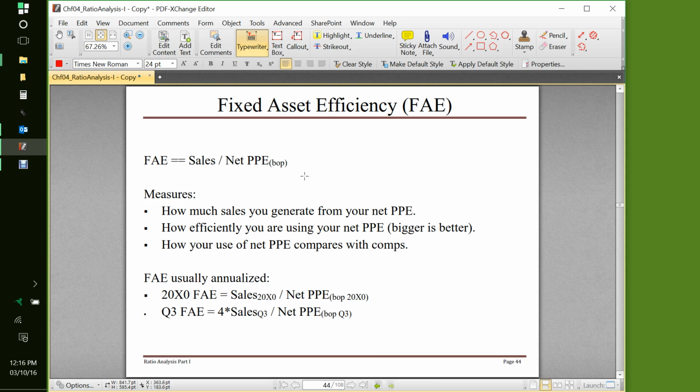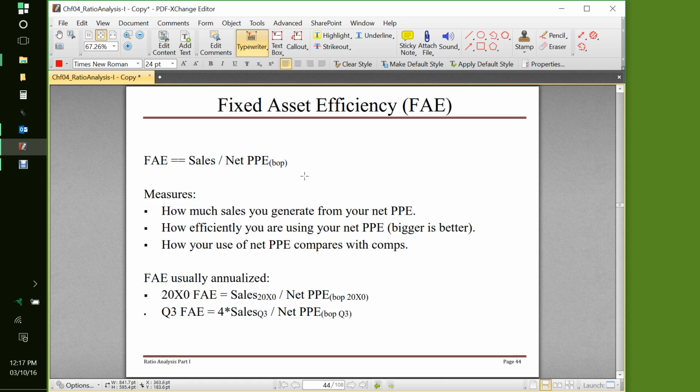This is saying, given the net PPE that you had at the beginning of the period, how much sales were you able to generate out of that net PPE? And this is good to know. We'd want to look at this vis-a-vis our comps to see if they're using their PPE more efficiently than us. In other words, are they squeezing more dollars of sales out of their PPE?